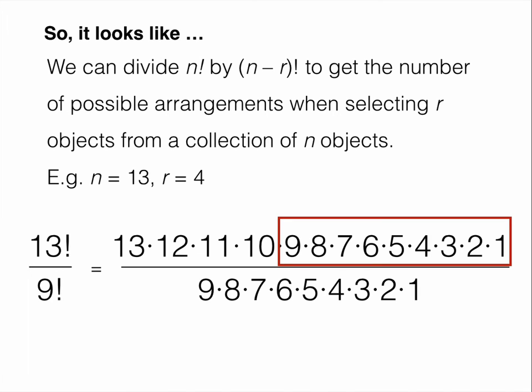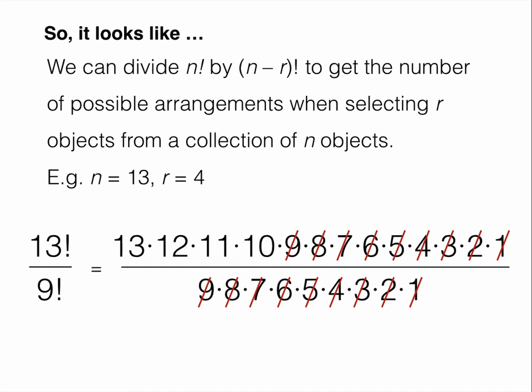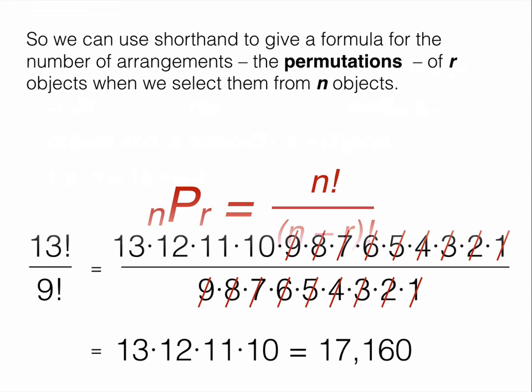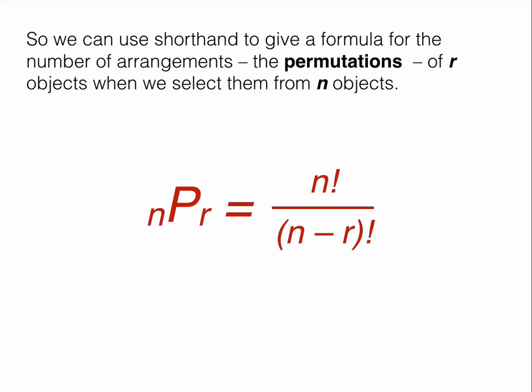And just using your basic maths from school, you find that we can cross out all the same digits in the calculation, and you're left with just 13 times 12 times 11 times 10, which is what we found previously. So we can use the shorthand formula that you can see there to calculate the number of arrangements, the number of permutations, when we select r objects from a collection of n objects.